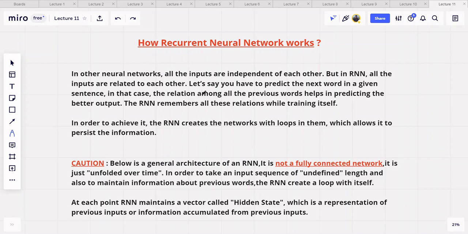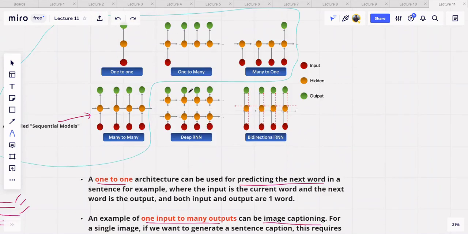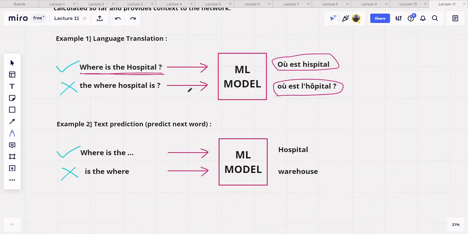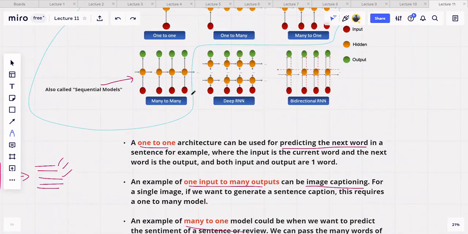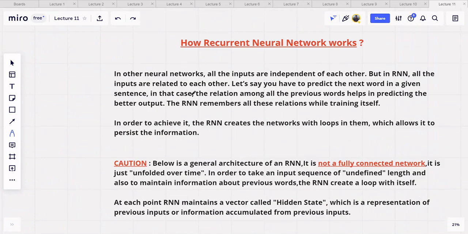So as I told you earlier, recurrent neural networks are basically a special class of neural networks which are designed to deal with sequential data. That's why the sequence of the input matters here.